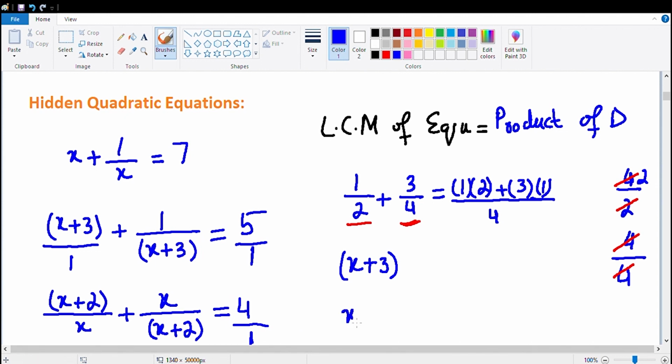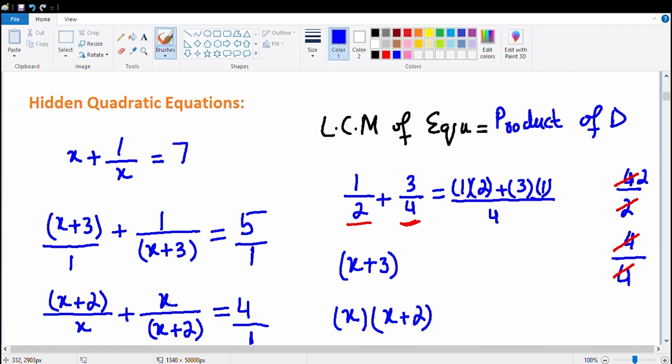So x into x plus 2 is the LCM of this equation, meaning that you have to multiply this term, x into x plus 2, with each of these terms, like x plus 2 over x. When you multiply it with x plus 2 over x, the first term, x and x will cross out. You'll get x plus 2 into x plus 2, or x plus 2 squared.